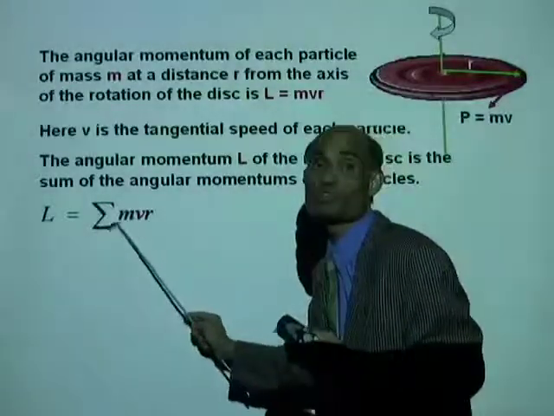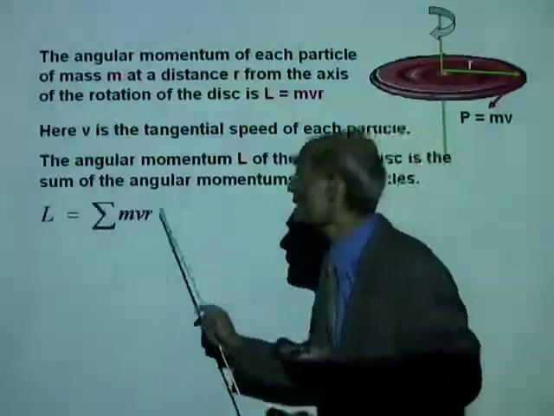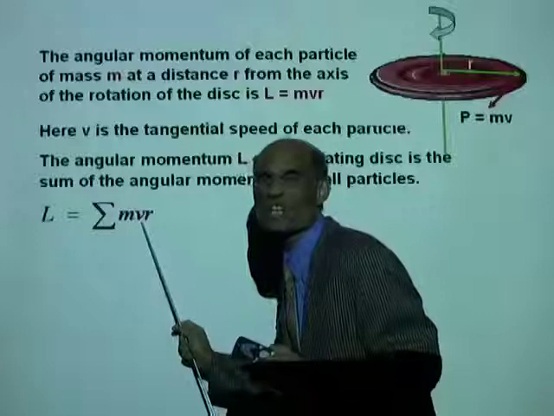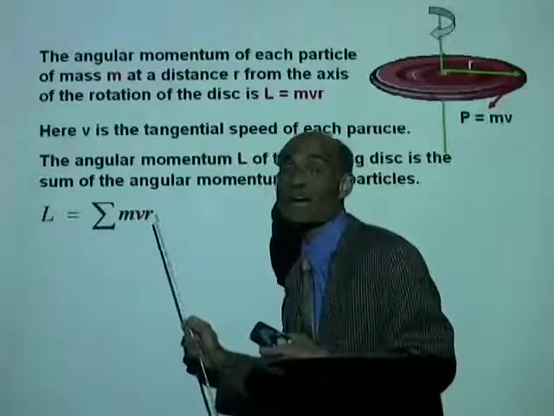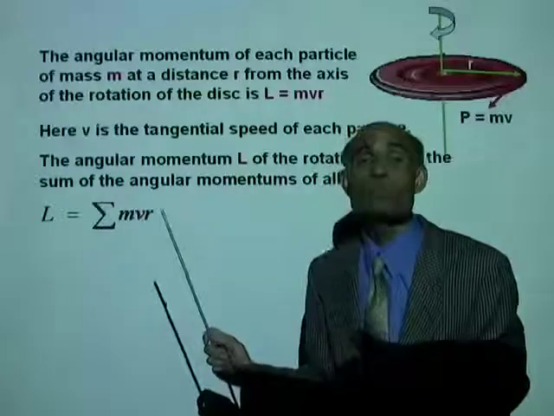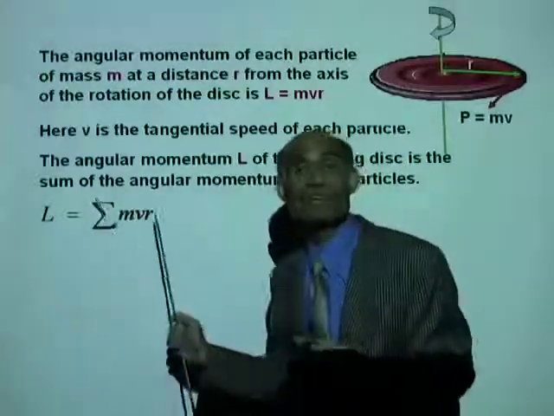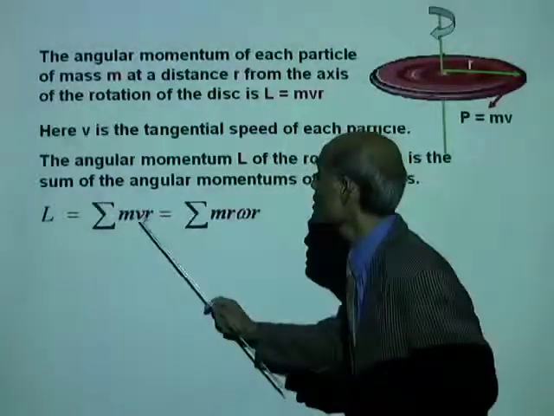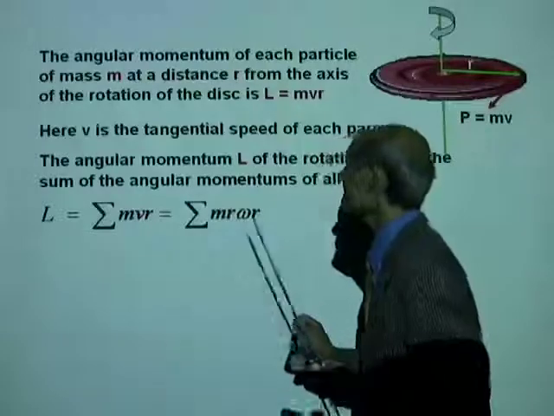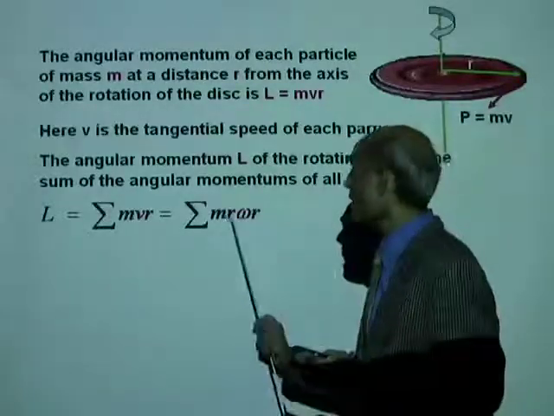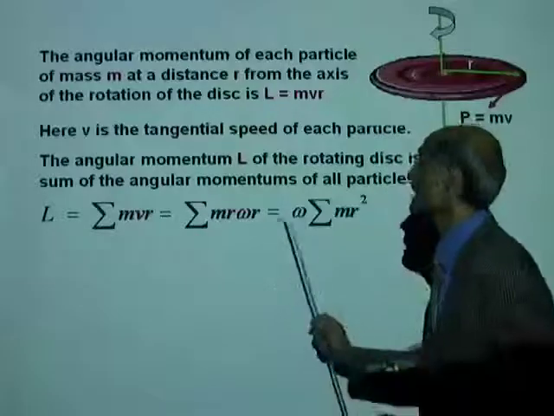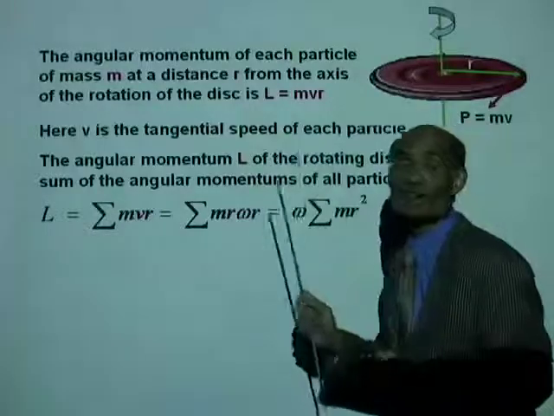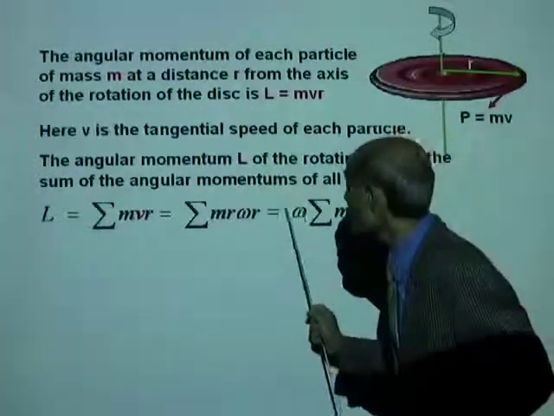So L equal to summation mvr, and we can now replace this v by another quantity. Well, since we are looking at rotation, that quantity will be in terms of omega. v equal to r omega. So that will be summation m r omega times r, and r times r will be r squared, and omega is a constant for all particles on the disk. Omega is the same, so we take that omega out.